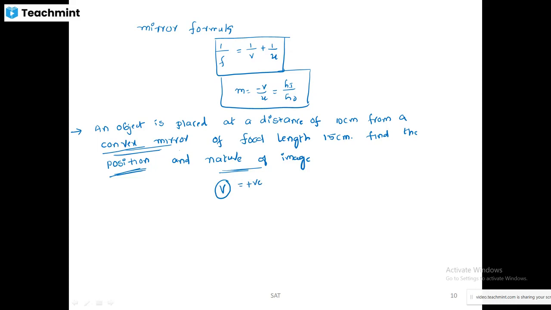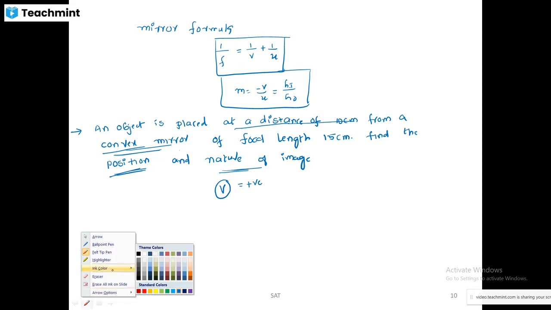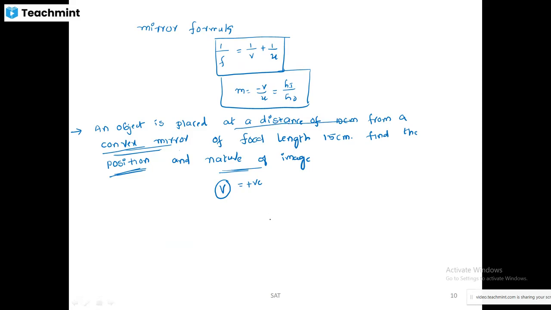Now we write the data. The object distance is at a distance of 10 centimeters, so u is equal to minus 10, always negative for both types of mirrors. The focal length is always positive for a convex mirror and negative for a concave mirror, so f is 15 centimeters.